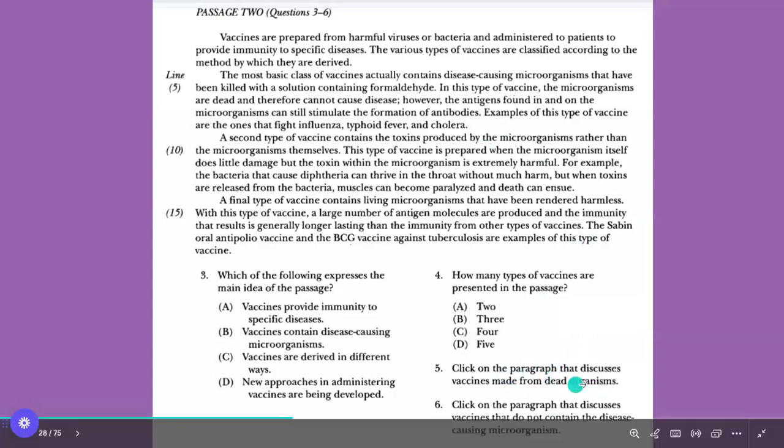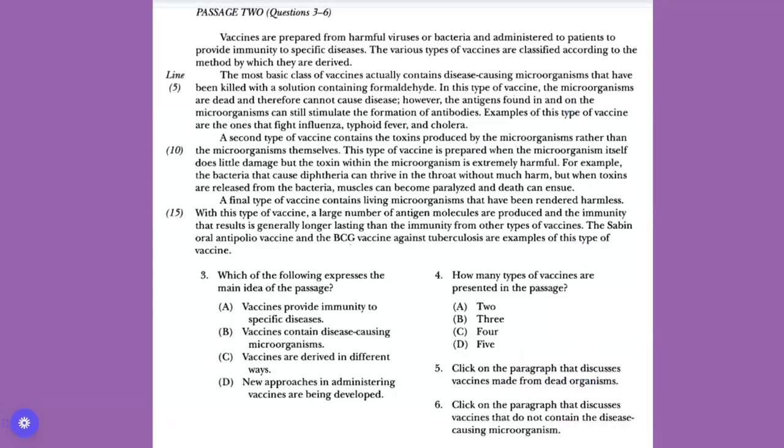So I have to focus on the paragraphs that talk about dead organisms. And in number 6, I will have to focus on the keywords like do not contain or microorganism. Okay, so let's do this one.